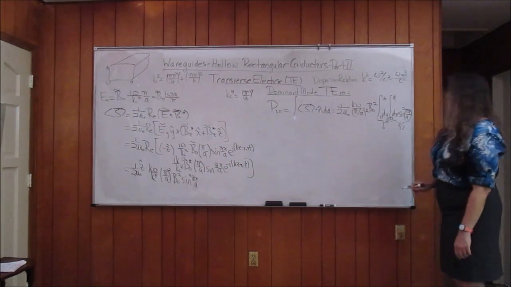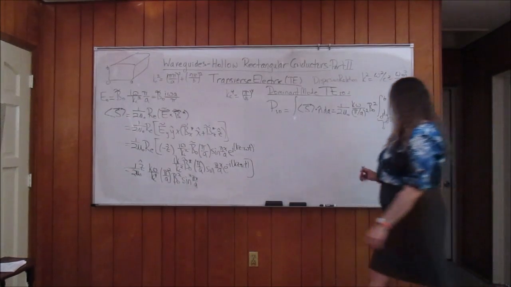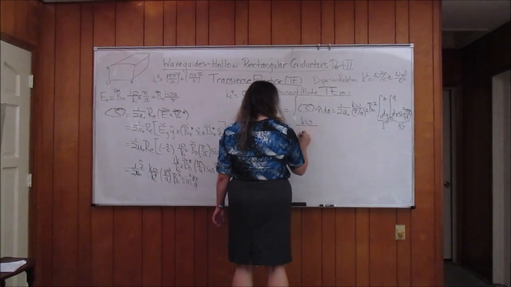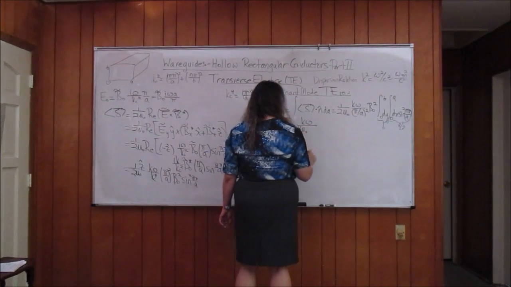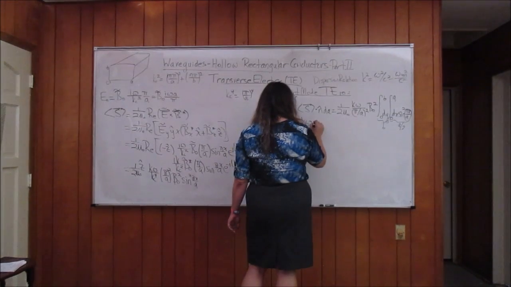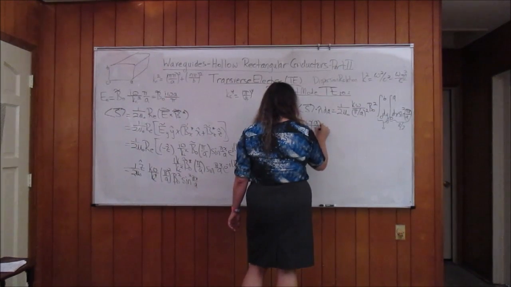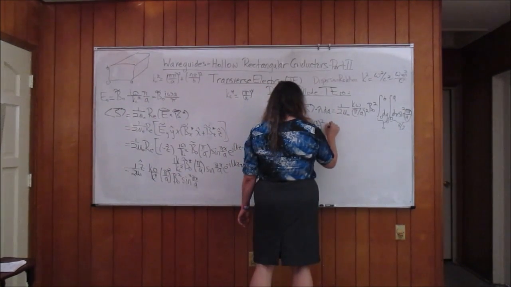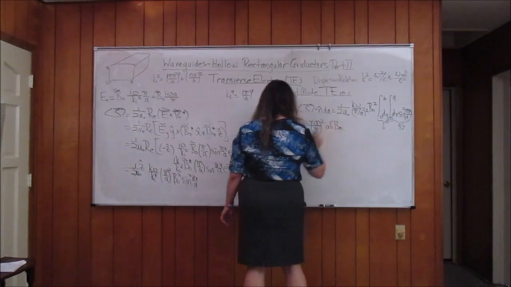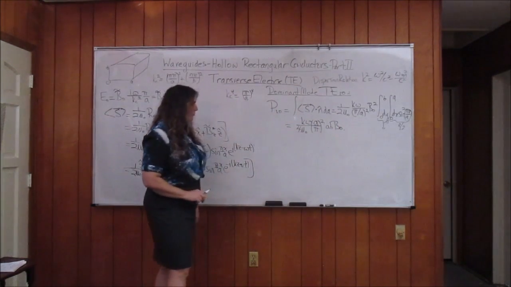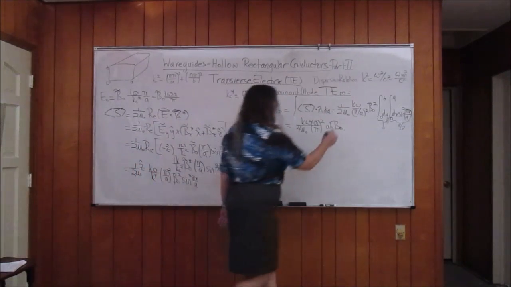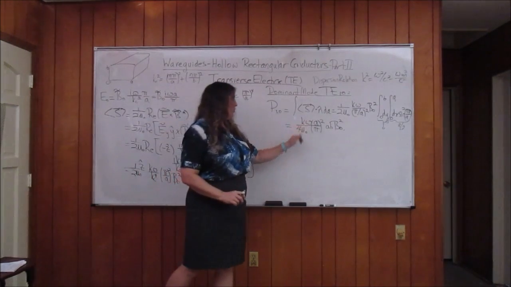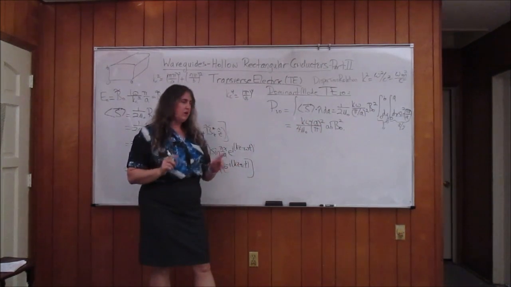And again, the integration in the y direction just gives me a factor of b. And there's your answer. The amount of power transported down the waveguide by the dominant mode is equal to k omega over 4 mu naught, (a over pi) quantity squared, ab, b naught squared.